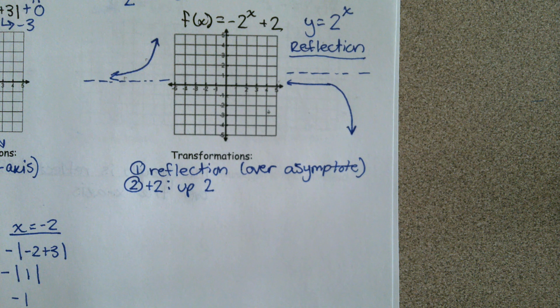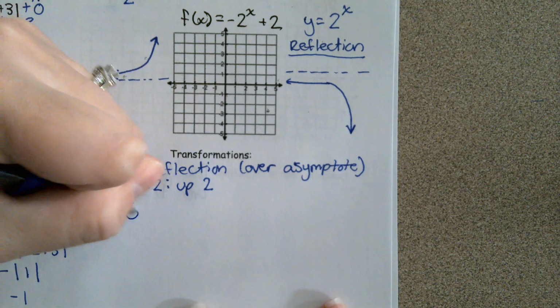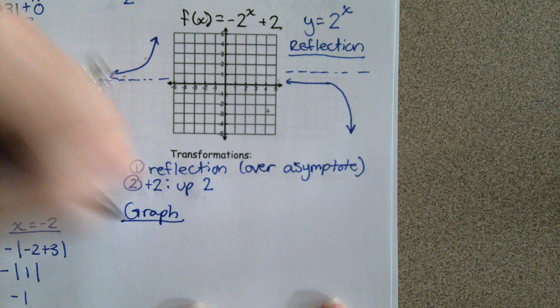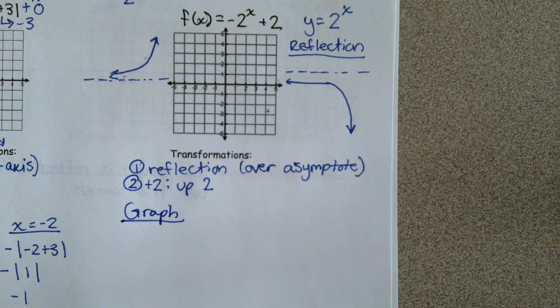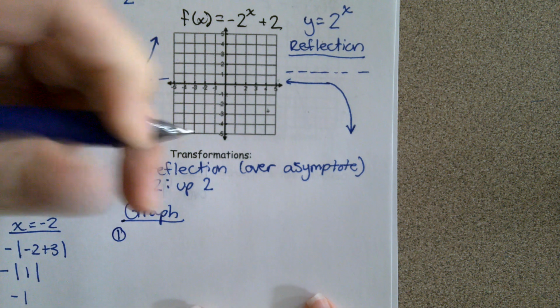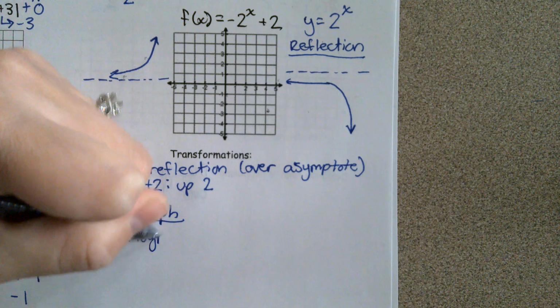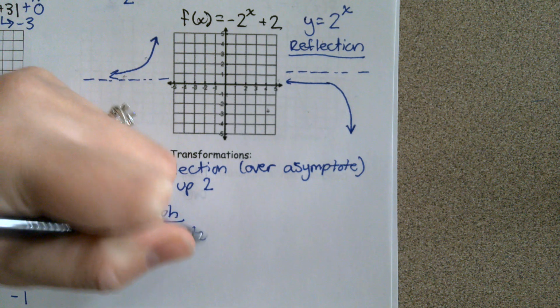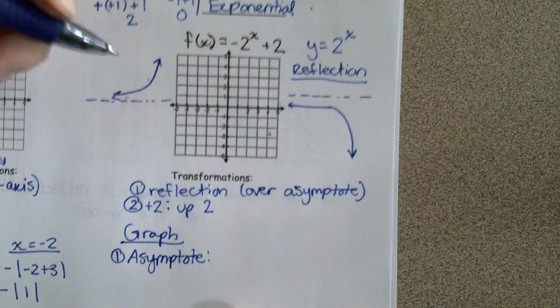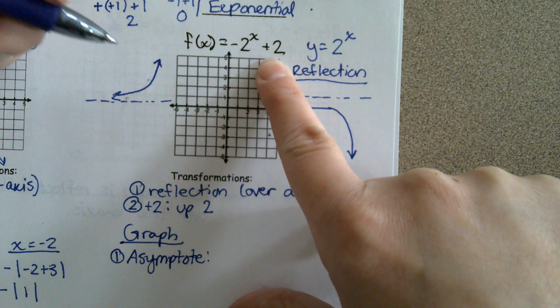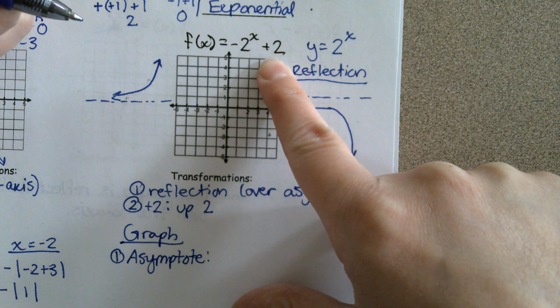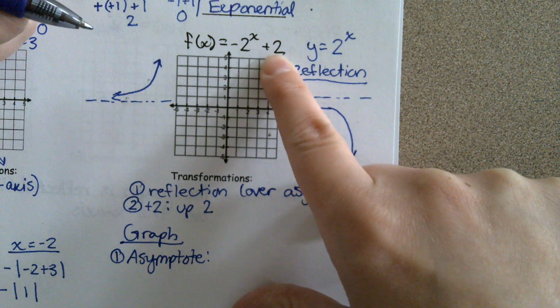So that is all. Now to graph it, it works a bit differently from the other graphs. First thing you want to do is graph the asymptote. Now the asymptote is this number right here. So not only is that how you move up or down on the graph, but it's also the asymptote itself.